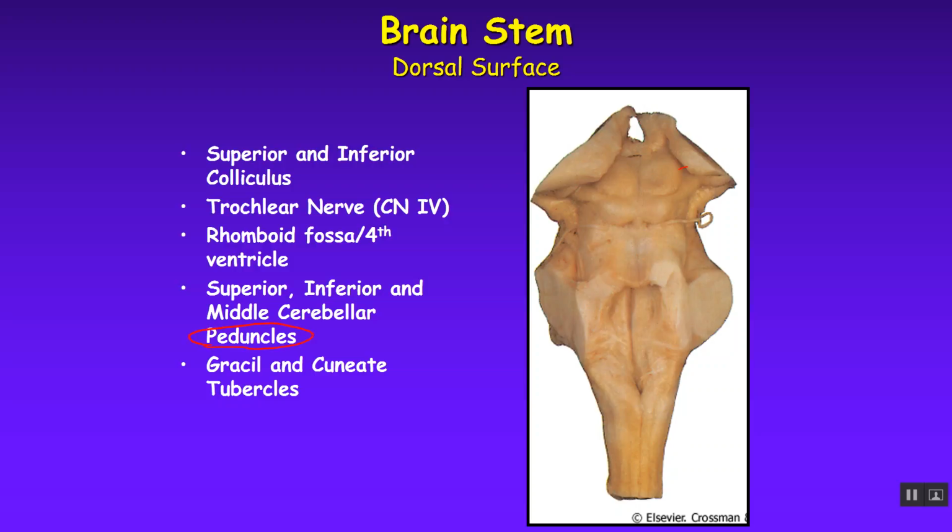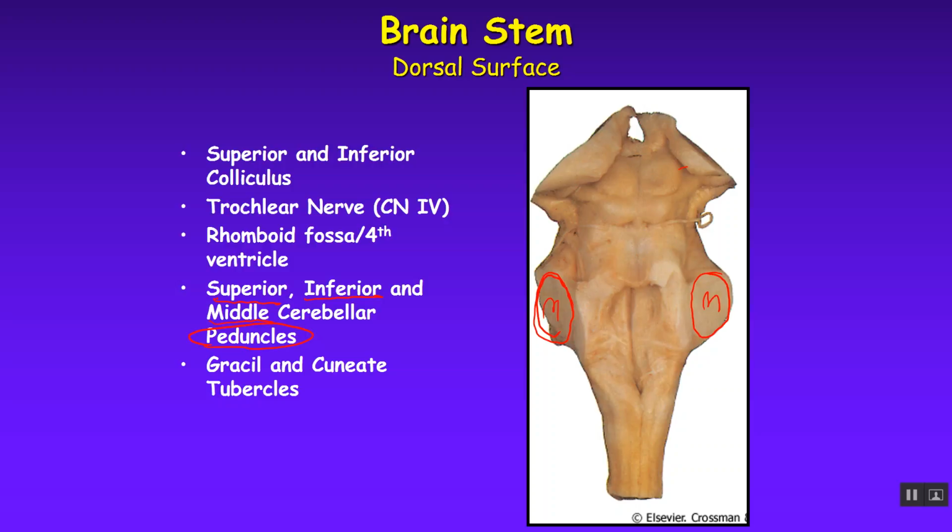Remember, we have the cerebral peduncles that connect the cerebrum with the midbrain. We also have peduncles that connect the cerebellum with mainly the pons area. We have a superior, inferior, and middle cerebellar peduncle. So here they are. This big one right here is called the middle cerebellar peduncle.